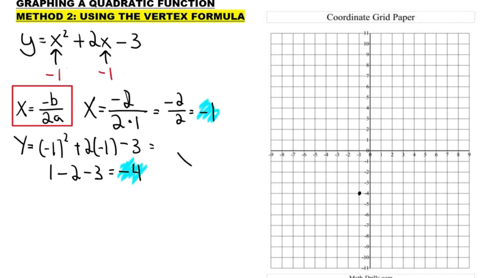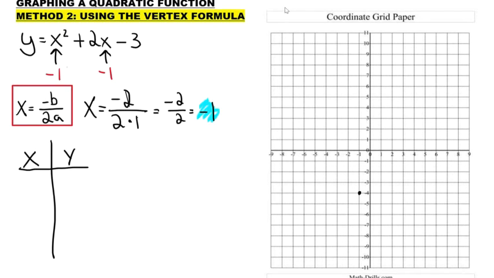Let's take that into account by making another table and finding where the other points are. So if we know that we have negative 1, negative 4 as our vertex, we can now try to put a 0 into the x.